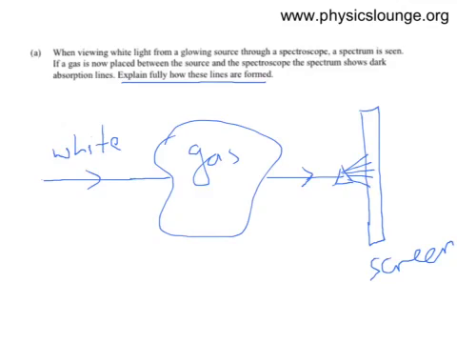In this case we've got white light coming through, we have the gas here, and the gas will absorb some of the frequencies of white light, and some of it will just pass straight through.